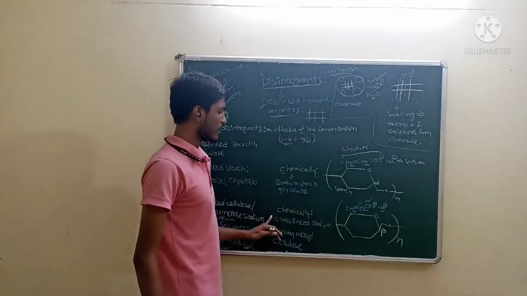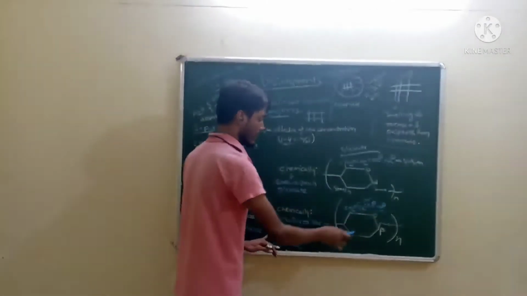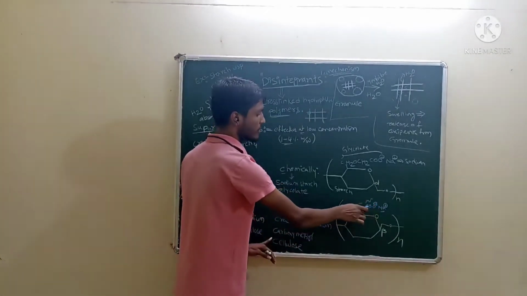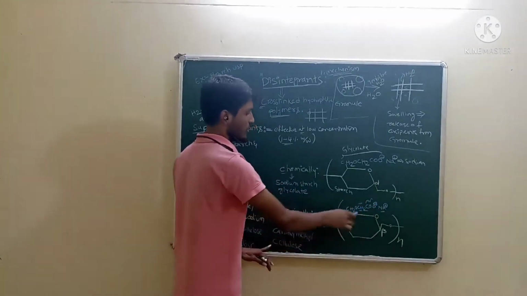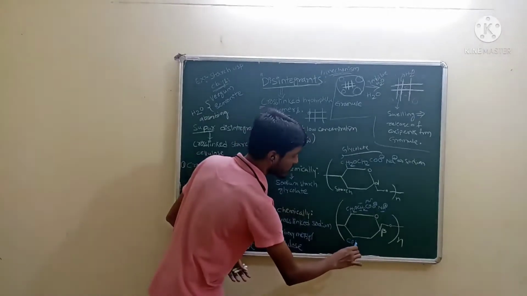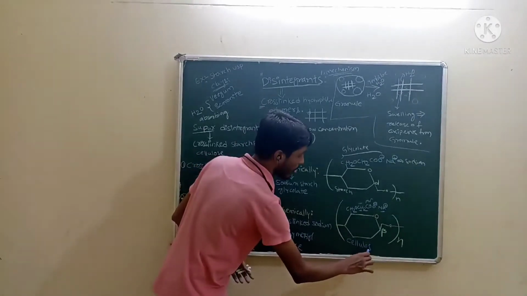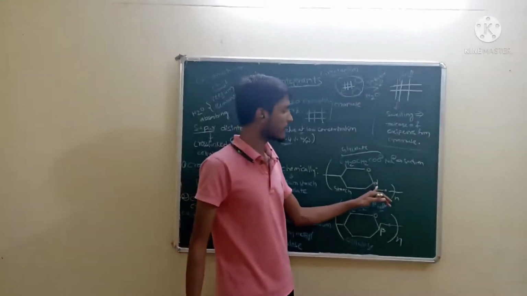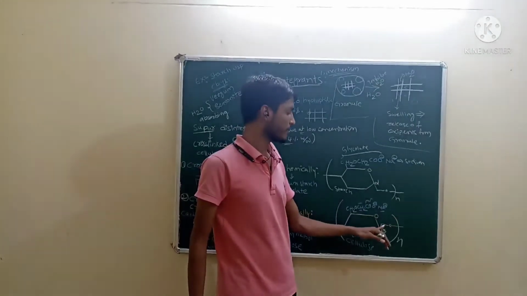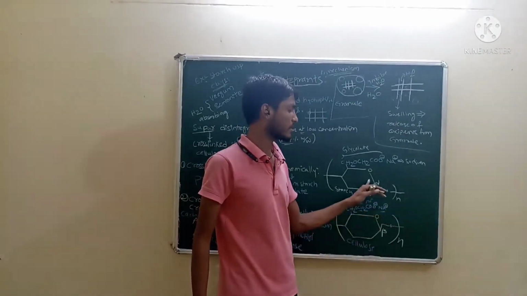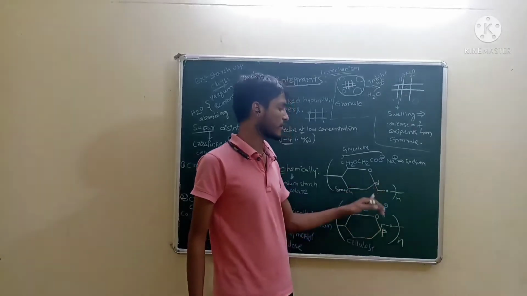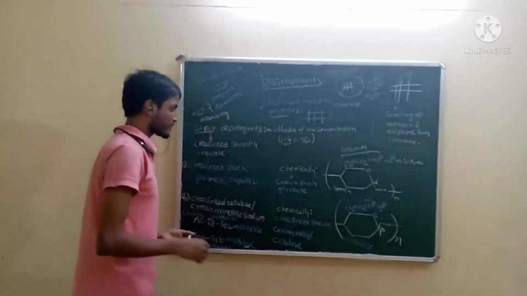We can call it cross-linked sodium carboxymethyl cellulose. This is a cellulose. Starch has alpha configuration at the C1 carbon, cellulose has beta configuration. The stereochemistry will differ, alpha configuration, beta configuration.